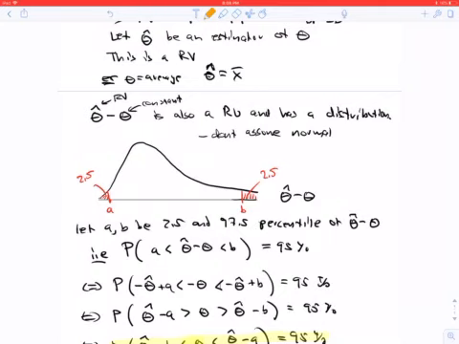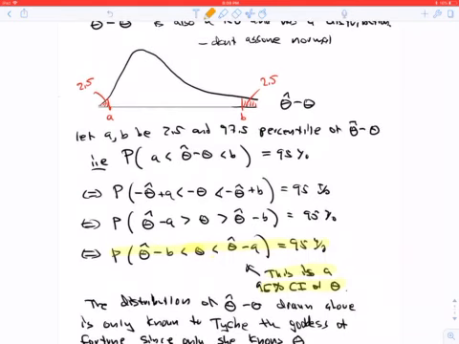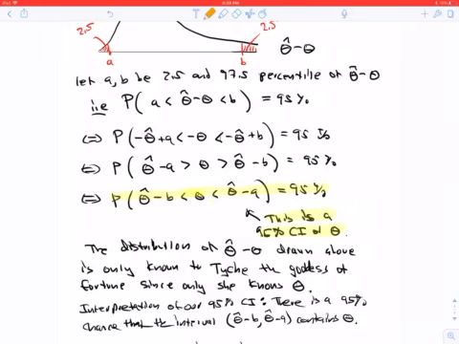Suppose we know what this distribution looks like. We could find A and B, the 2.5 and 97.5 quantiles. Then, by definition, the probability that theta hat minus theta is between A and B would be 95%.